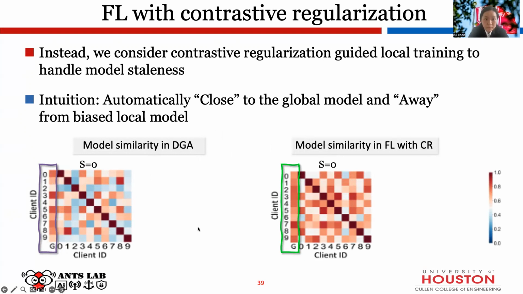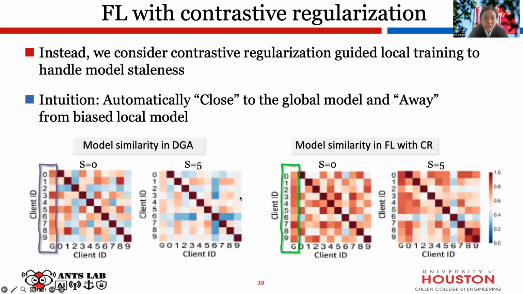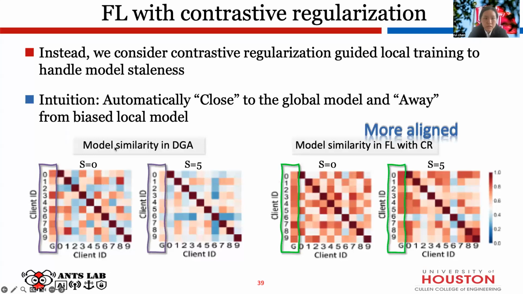However, when the staleness level increases, the model similarity in the DGA actually reduces to relatively small values, while the contrastive regularization can still maintain a high similarity between the local and the global model. And we're hoping this alignment can help to improve and recover the model performance.